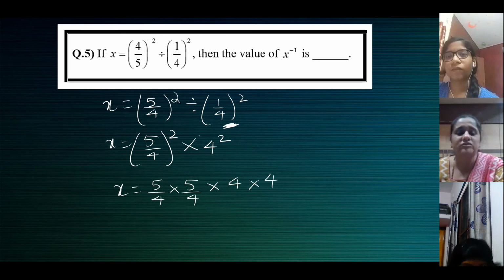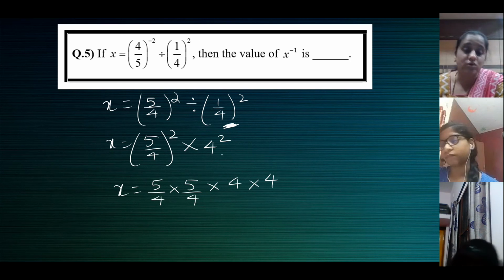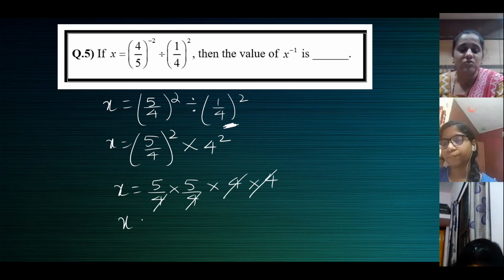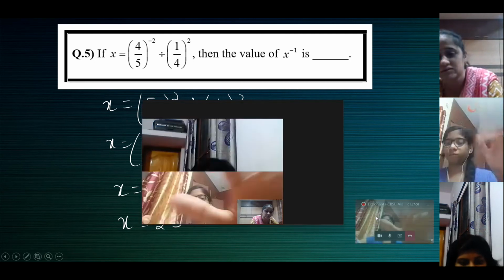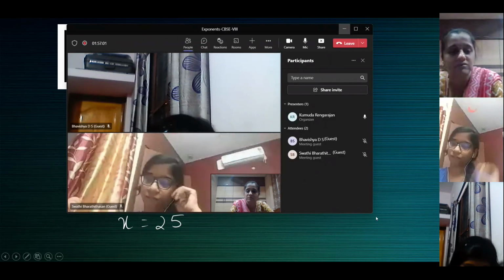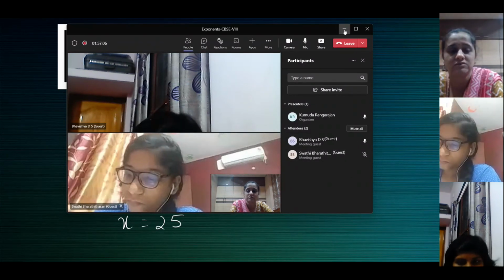No, 5 by 4, the whole square can be written as 5 by 4 into 5 by 4, and 4 square can be written as 4 into 4. So 4 gets cancelled. So x is equal to 25. Bhavishya, are you following? Yes, ma'am. Are you working or are you listening, Bhavishya?